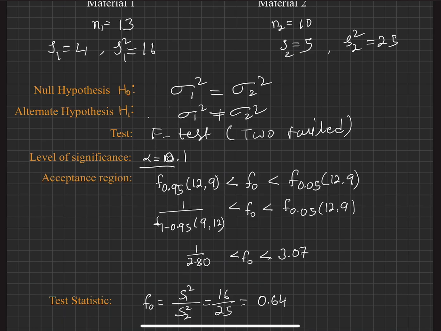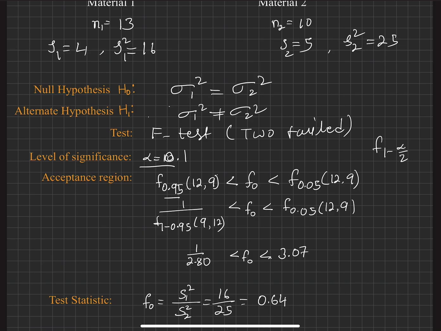We want F of 1 minus alpha by 2. Alpha is 0.1, so alpha by 2 is 0.05, so 1 minus alpha by 2 will be 0.95, 12 comma 9.